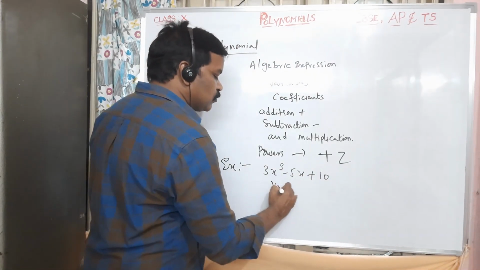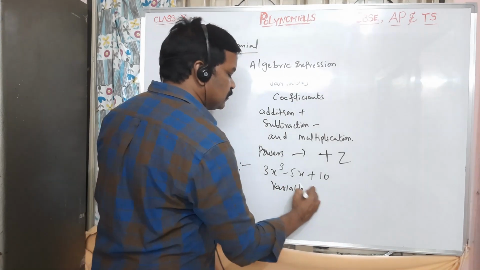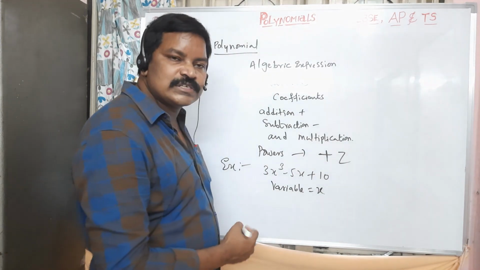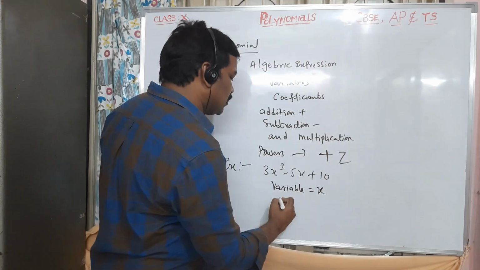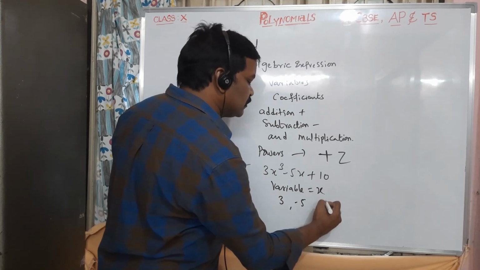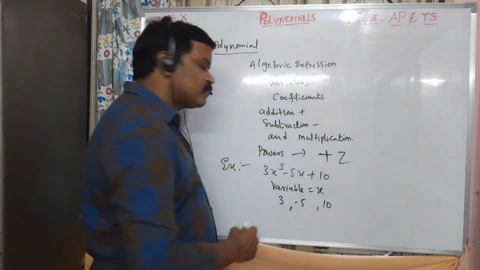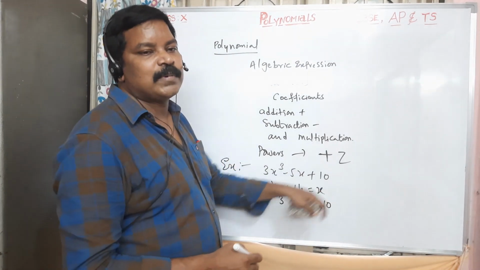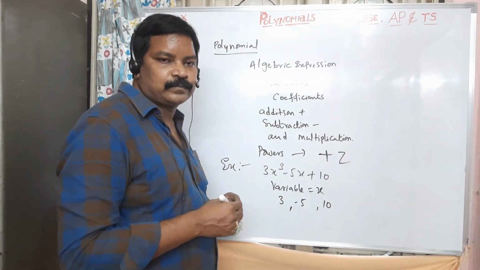Here the variable is x. The coefficients are 3, minus 5 and 10. These are the coefficients of x cube, x and x power 0 respectively.